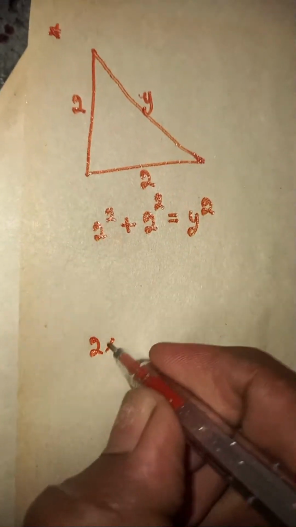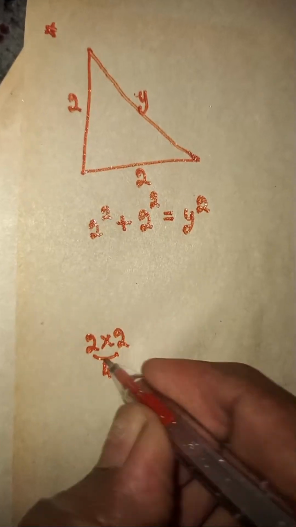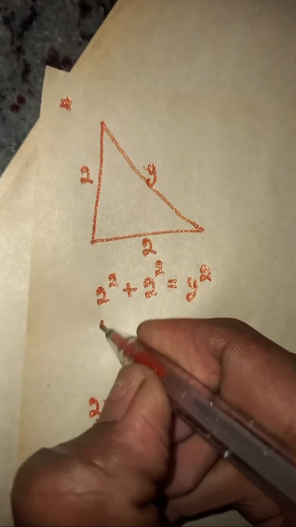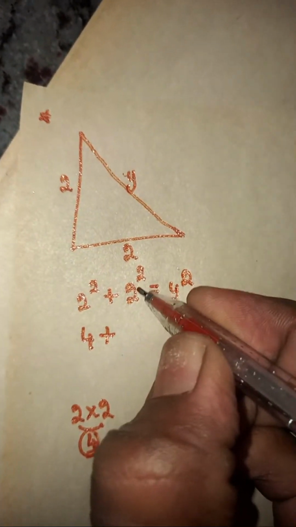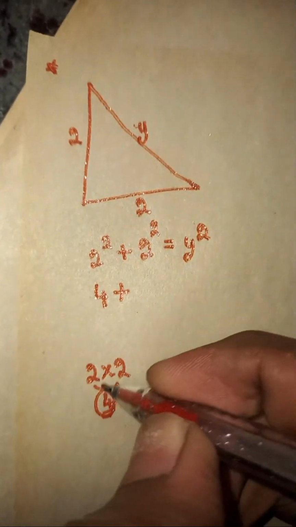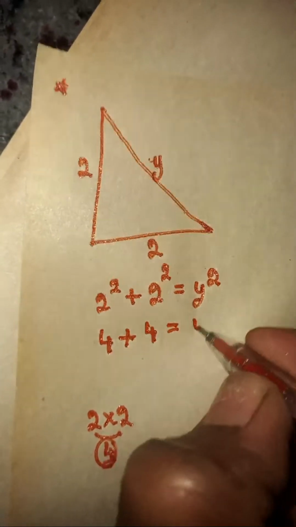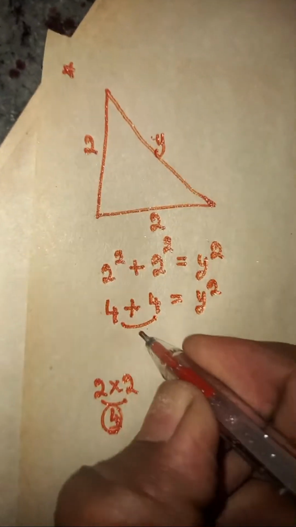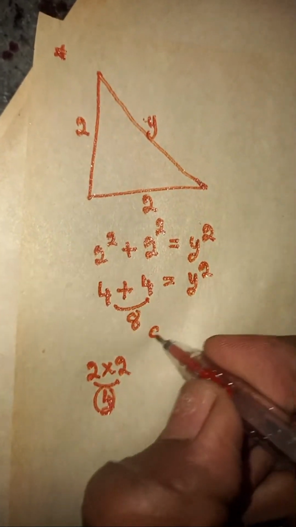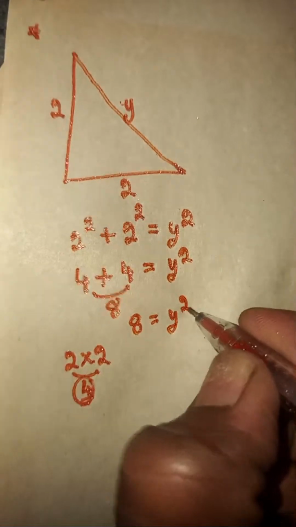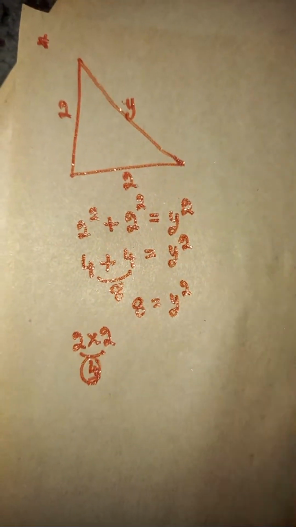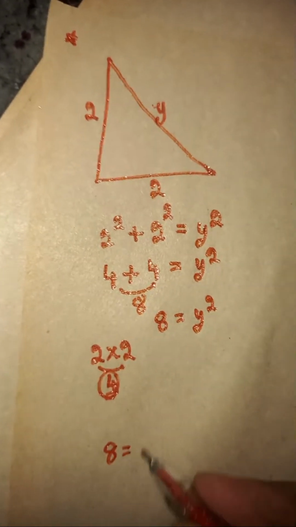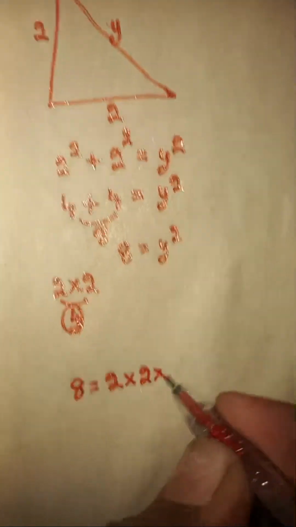Now you're going to get 2 square and 2 square. 2 square means 2 times 2, which becomes 4. So this 2 square is 4, plus this 2 square also remains as 4, which is equal to y square. Now 4 plus 4 is 8. So this 8 equals y square. 8 is 2 times 2 times 2.